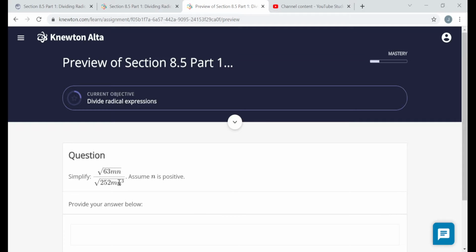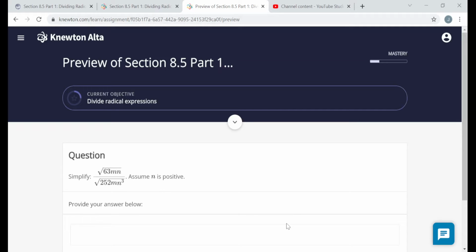So they should have also stated to assume that m was positive. But either way, let's just assume the variables are positive, and this way, at the end of the problem, you don't have to worry about using absolute value symbols when you're simplifying even roots, square roots, fourth roots, sixth roots, etc.